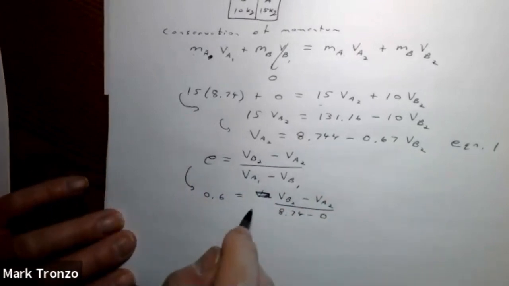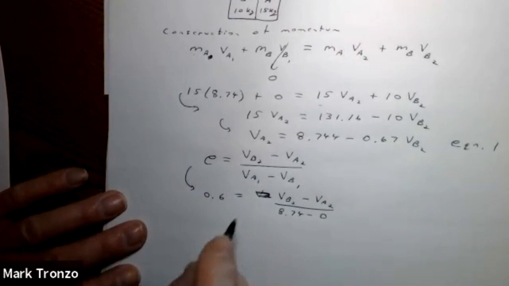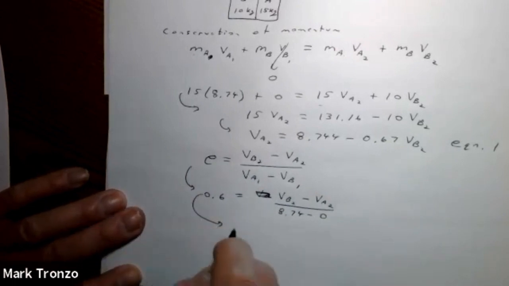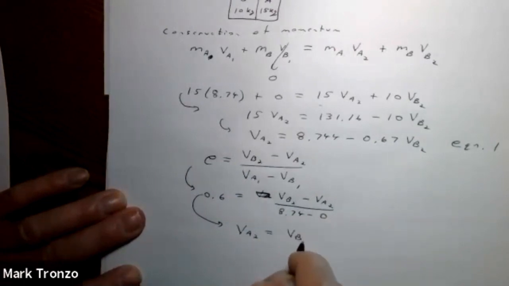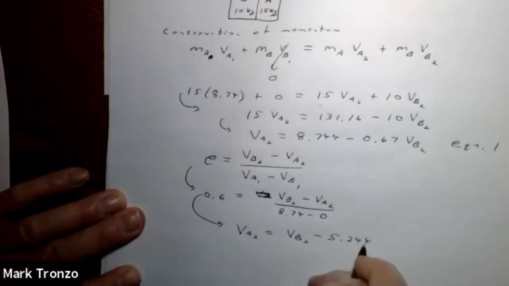And then if we solve for VA2, we get VB2 minus 5.244.